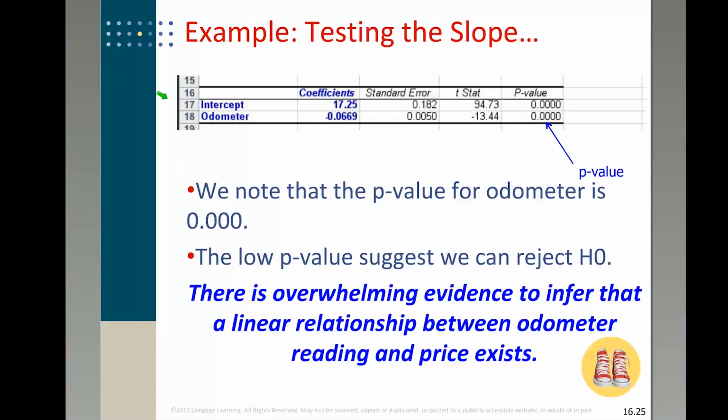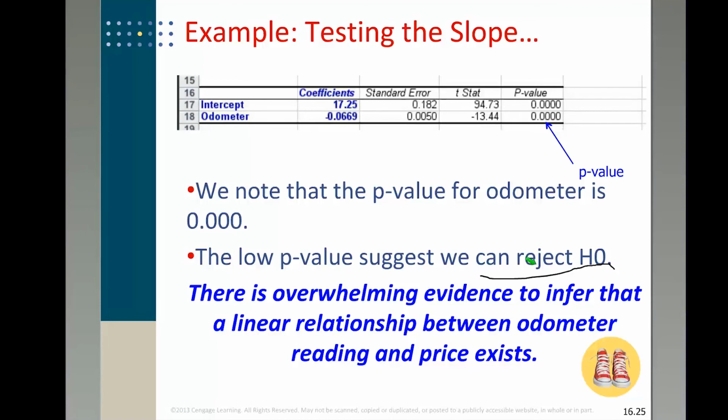Okay, this is part of the output we have from Excel. And along the row for odometer, if you go to the very last column, p-value, you will find out that the p-value is equal to 0, which means good news for us, because the criterion is that if the p-value is less than alpha, our significance level, we're gonna reject the null hypothesis.